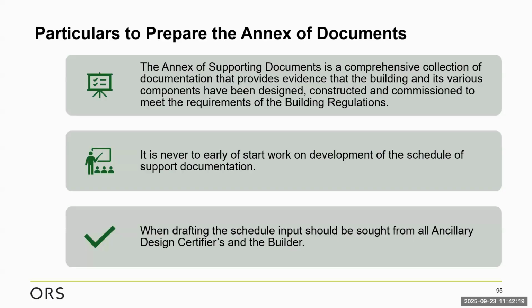But then I would reach out to each design discipline or each auxiliary certifier and say to them, right, at completion, I'm going to be asking you to provide me with your certificate of design on completion. What documentation do you need to have in place before you will sign that cert? Right? And again, there's a bit of over and back and a bit of working together. But then we populate a schedule here that everyone is comfortable with.